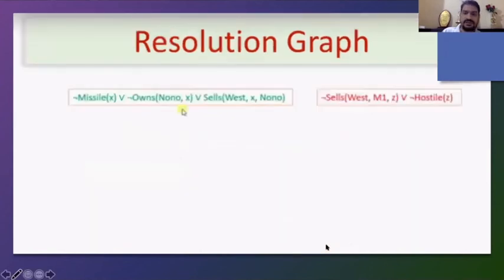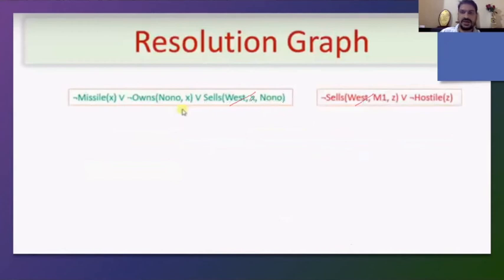Again, we'll apply one more clause, the clause that we have just found. And when we do that, what is left here is sell West X no, that will be omitted, and hostile is not there, it is okay.